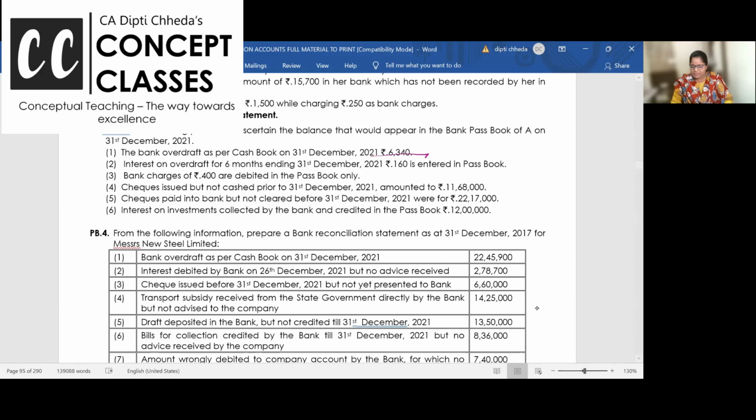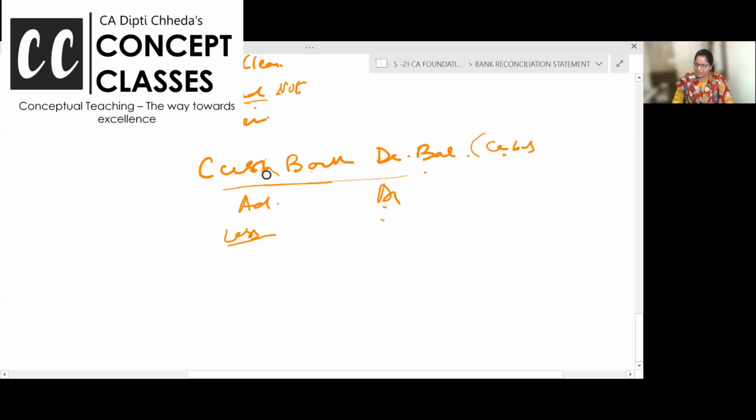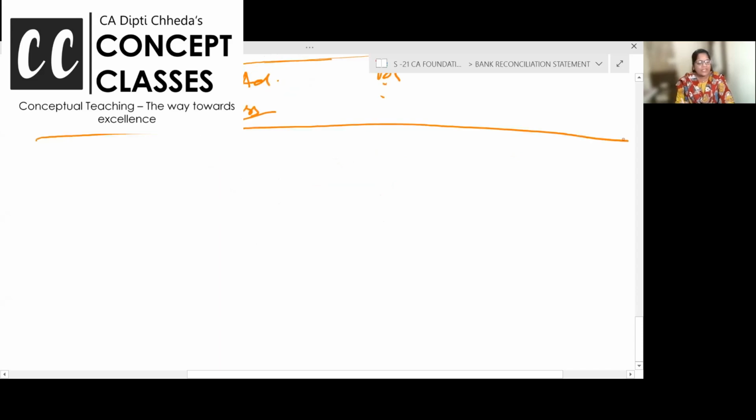Interest on overdraft is there, bank charges are there, other reasons are there, and we need to reconcile. So instead of debit balance in the cash book, which balance is given? Credit balance. So let us see how we are going to do it. And this is a statement. So bank reconciliation statement, we should do add and less. Chalo, let us begin with today's class with problem number 3.